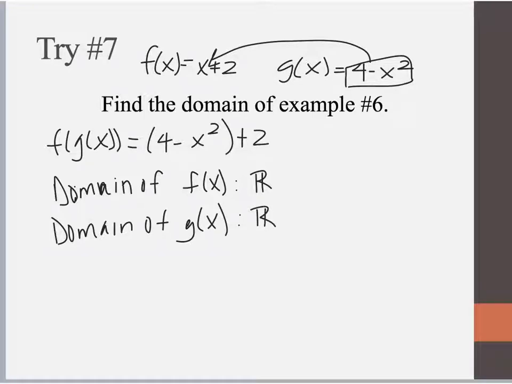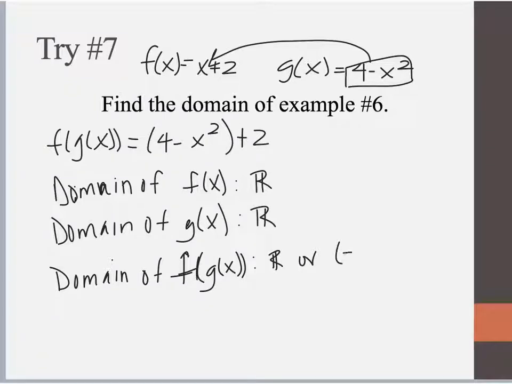So the overlap of both means the domain of f of g of x is also all real numbers, or from negative infinity to infinity.